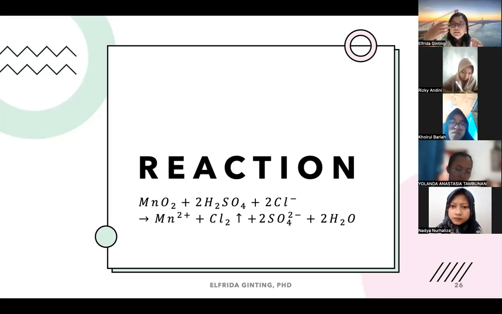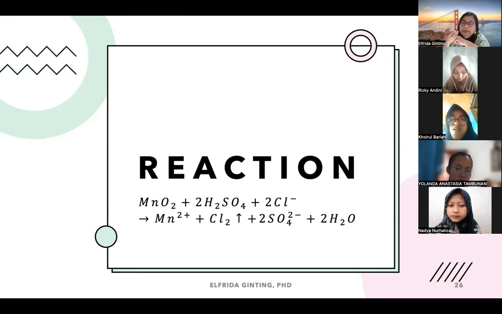The smell is pungent, it's a suffocating gas. It's different from hydrogen gas, which has no odor. You cannot smell anything in hydrogen gas. But when it produces chlorine, then you will know the chlorine is there, because the smell makes it hard to breathe.